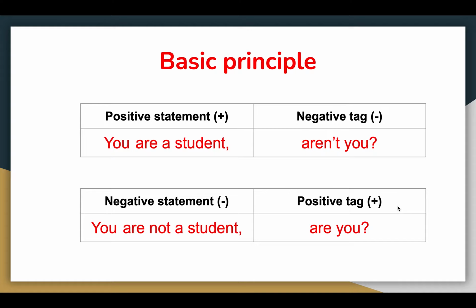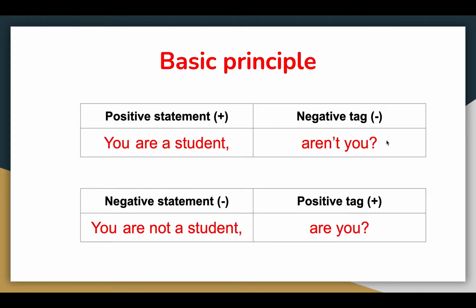So what is a positive statement? A positive statement is not a negative statement. We know that something is negative if you use "not." In this case, "you are a student" is a positive statement. Now, what is a negative tag? You say, "aren't you?"